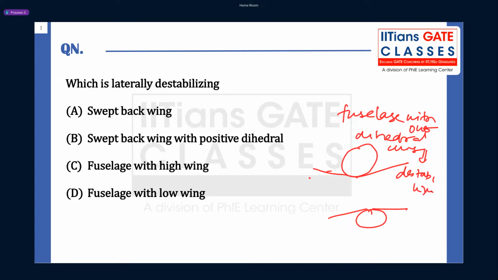And for a high wing, we found that it was providing a stabilizing contribution.